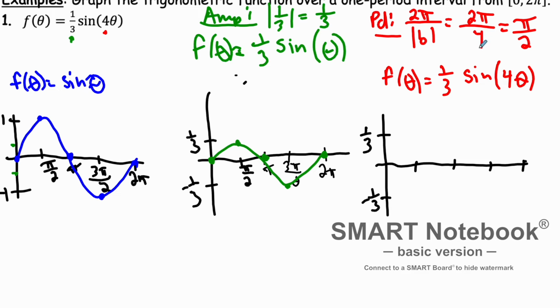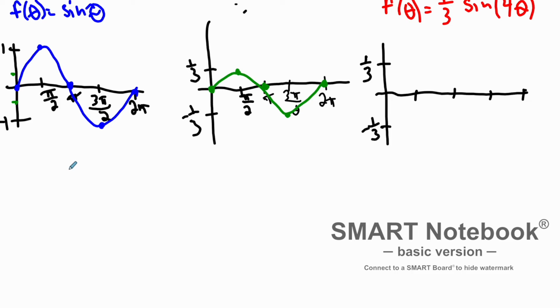So think in your head, what's the reciprocal of 4? Well, that's 1/4. So I'm going to multiply all these values by 1/4. So here we go. First up, 0 times 1/4, theta, sorry, 0 times 1/4 is 0. So my first point is still at 0.